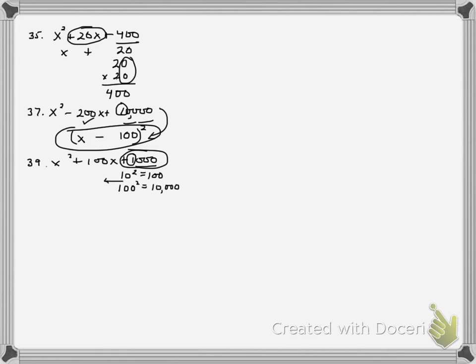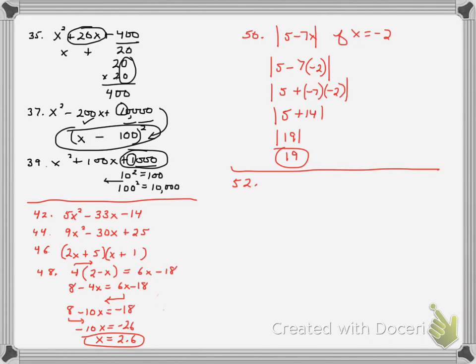So come back to the tape to check the answers to the even problems when you're doing 41 through 50 and 52. The odd problems, of course, you can check in the back of the book. So here are your answers to those even problems, beginning with 42 through 50. And now let's look at 52 together.